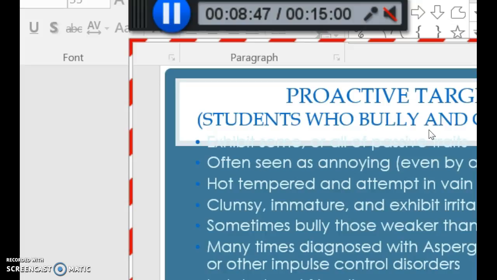Sometimes I've heard teachers say, well, if he would just quit being so annoying, kids wouldn't pick on him. Well, maybe that kid doesn't think he's annoying, and we definitely don't need to call him annoying, for sure. So we just need to be careful with how we word things, for sure.